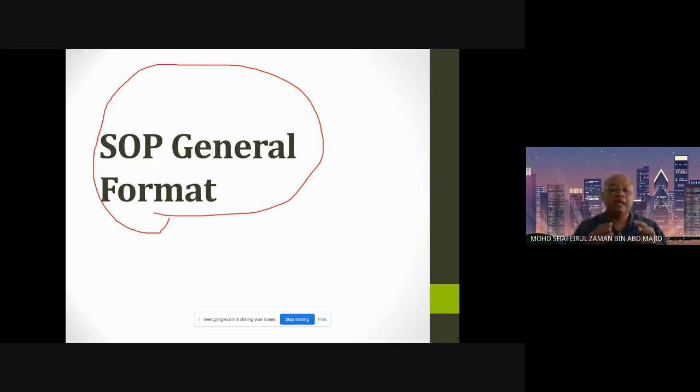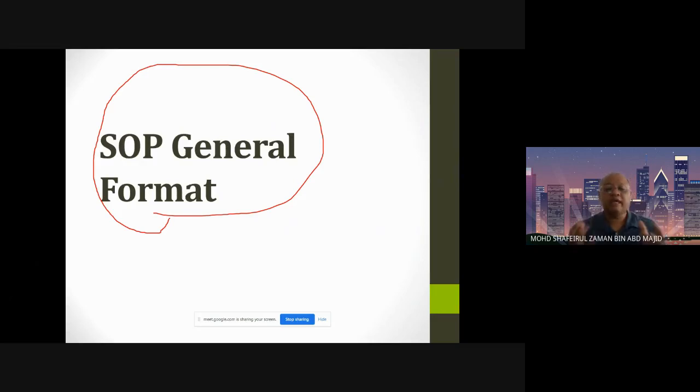Even in the same company, different departments or different projects will have different SOPs. So our task here is to teach you the content, meaning what you are supposed to put for each component in the template of the SOP.